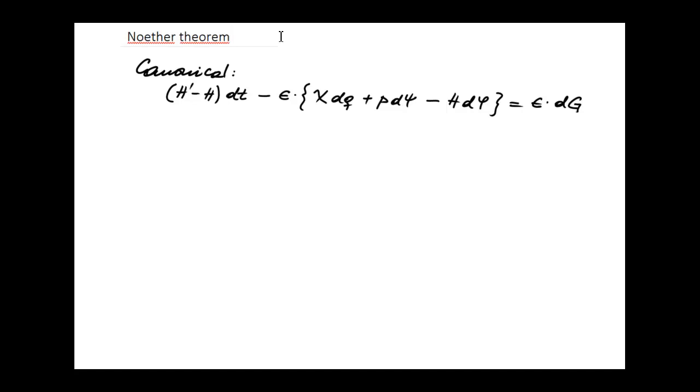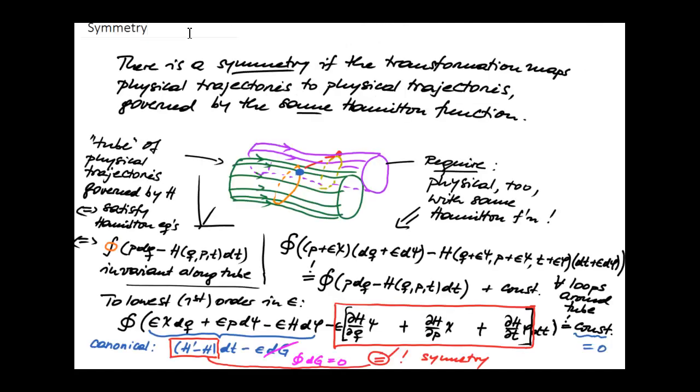Then we required symmetry. Now the symmetry told us that the first term appearing here, h prime minus h times dt, must equal the right red box, epsilon times the square bracket times dt.